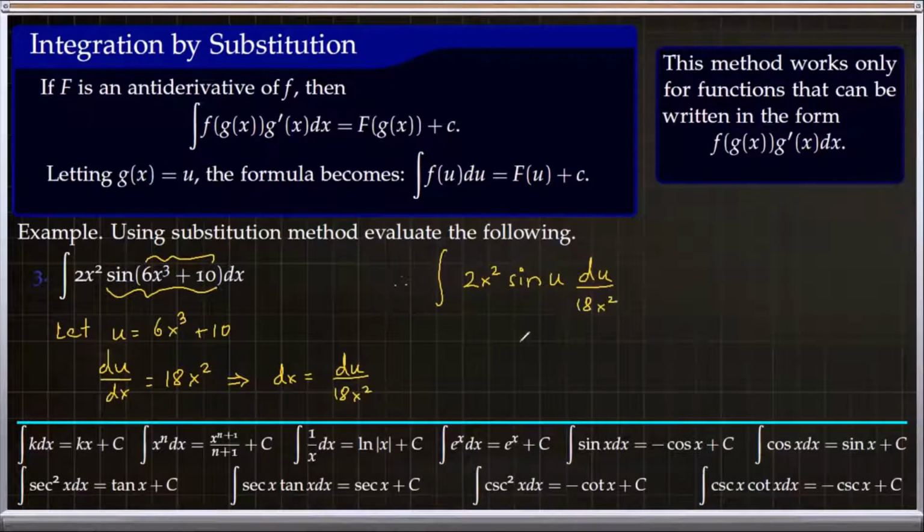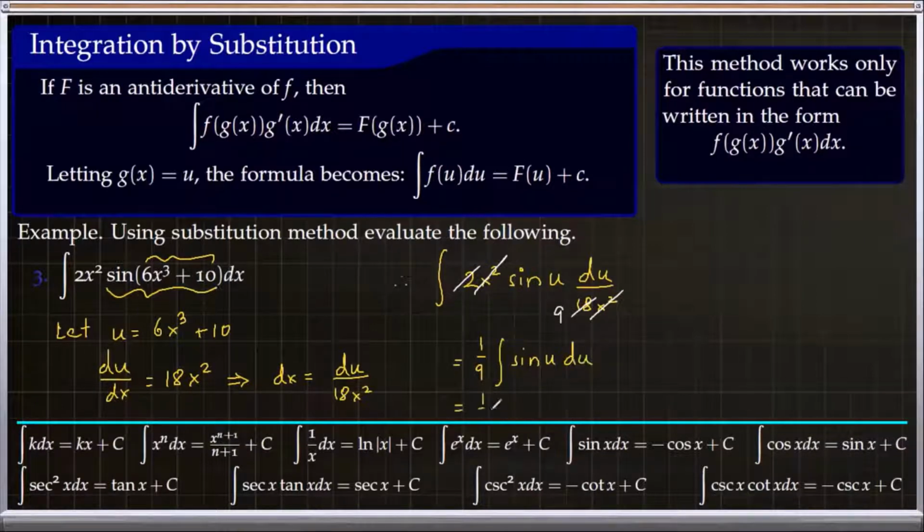We can simplify this a little further because we can cancel out x^2 from top and bottom. And 2 over 18 we can cancel out to get 1/9. So we are basically left with 1/9 of the integral of sin u with respect to u.